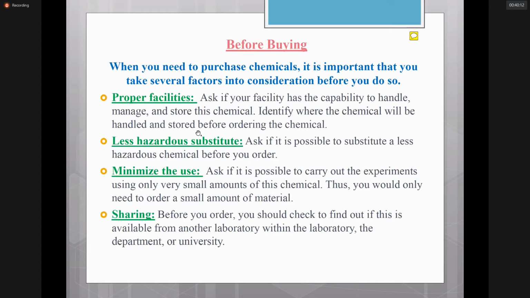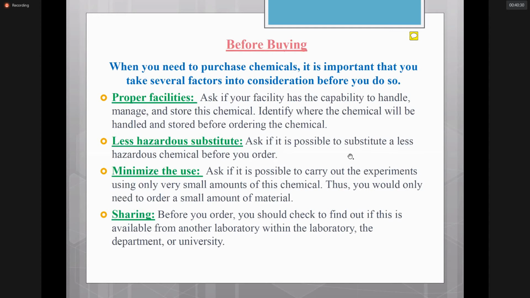We have to know what? First, the proper facility. Can this chemical be handled and stored in any facility or not? There are specific regions. Second, hazardous substances. Is it possible to substitute a less hazardous chemical before you order?